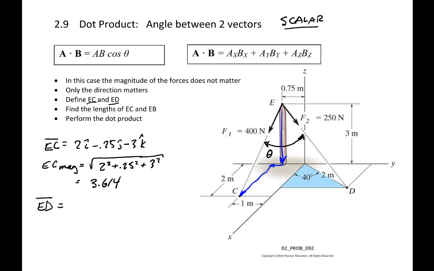Alright, how about ED? ED is just a little bit trickier. We're going to go from E to D, so again we're going to go in the k direction. We're going to go 0.75 in the i direction, and then we're also going to go this far in the j direction. This distance here is going to be 2.